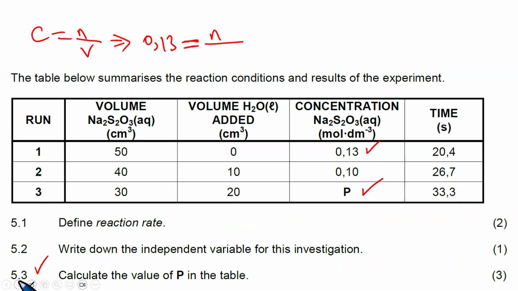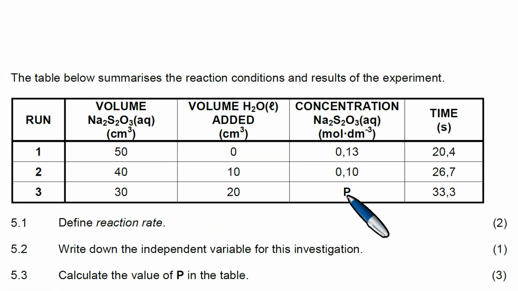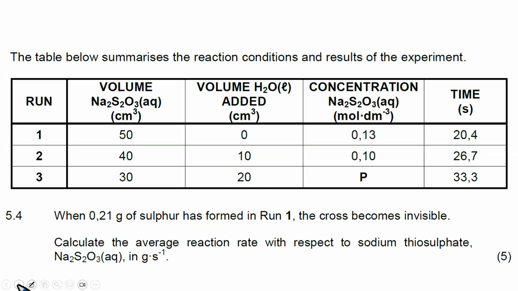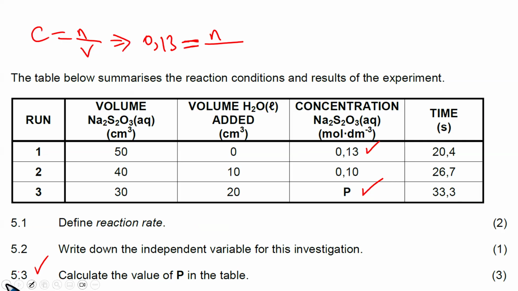We want to find this, which is the concentration P. We've already mentioned that concentration is number of moles over volume. The concentration, in the beginning, was 0.13, when the volume of the sodium thiosulfate was 50.